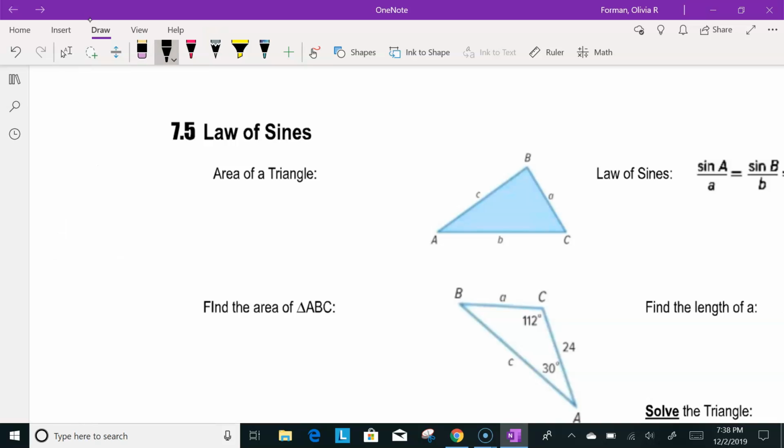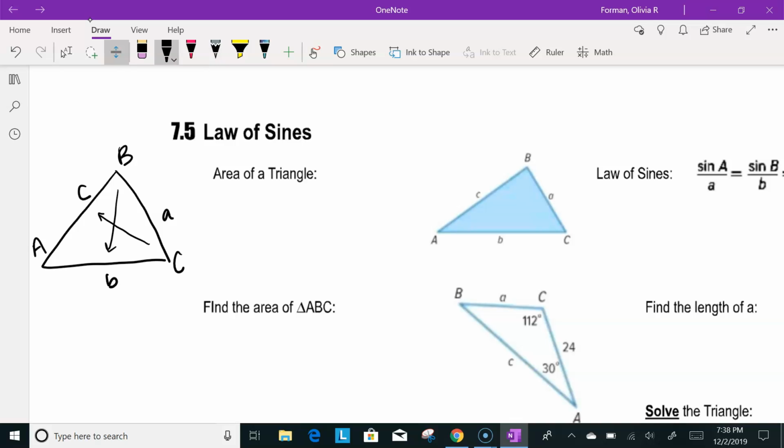If I have that triangle redrawn over here, A, B, C, you will see that the angles, the vertices of the triangle, are all labeled with capital letters. The sides across from them are the sides that correspond to that angle. So side C is across from angle C, side B is across from angle B, and side A is across from angle A. That's the first thing to realize.